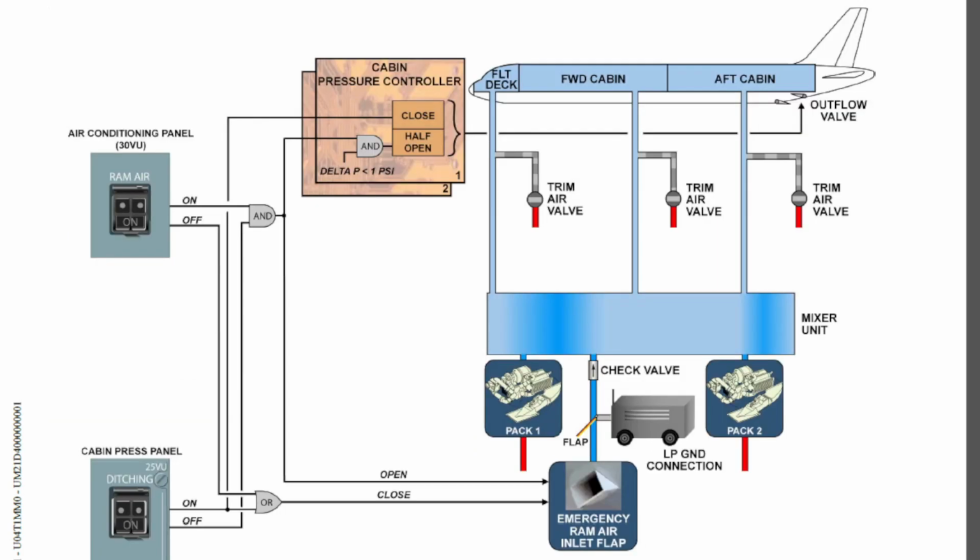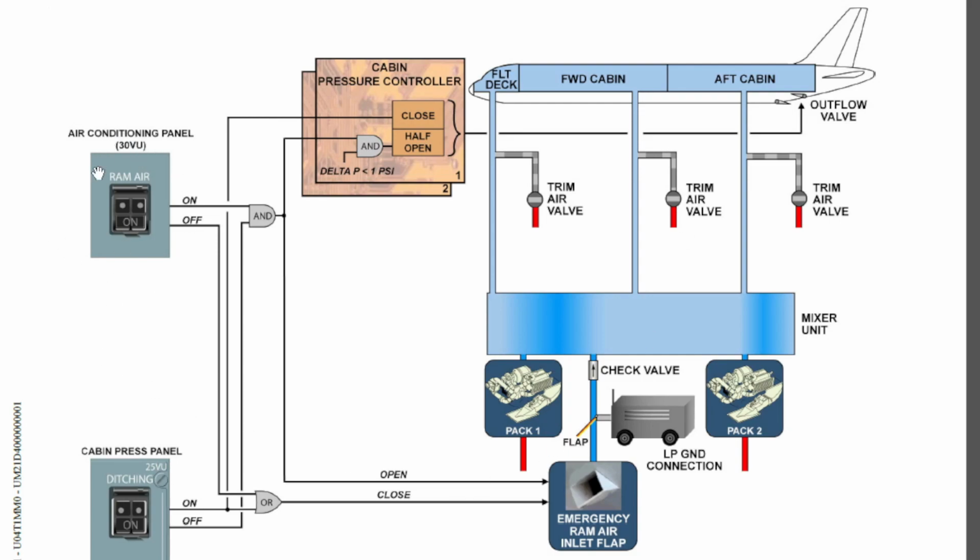Now we'll have a look at the operation of the emergency ram air inlet flap. As you can see here, this is a simplified diagram which will be used to explain the operation of the emergency ram air inlet flap. We'll try to identify the components.